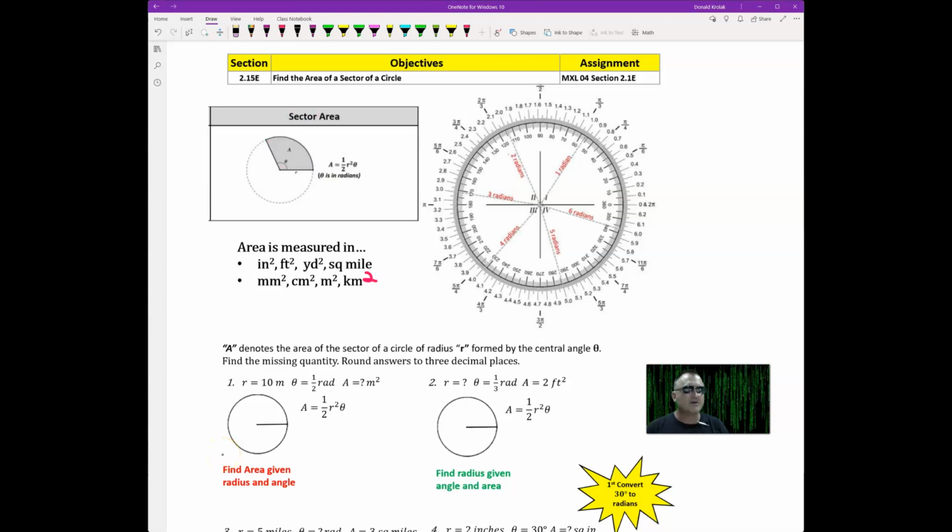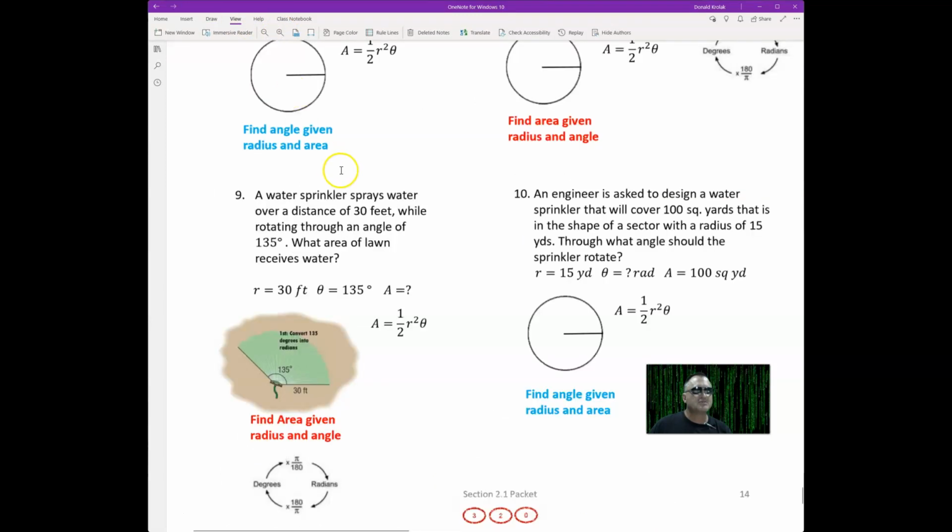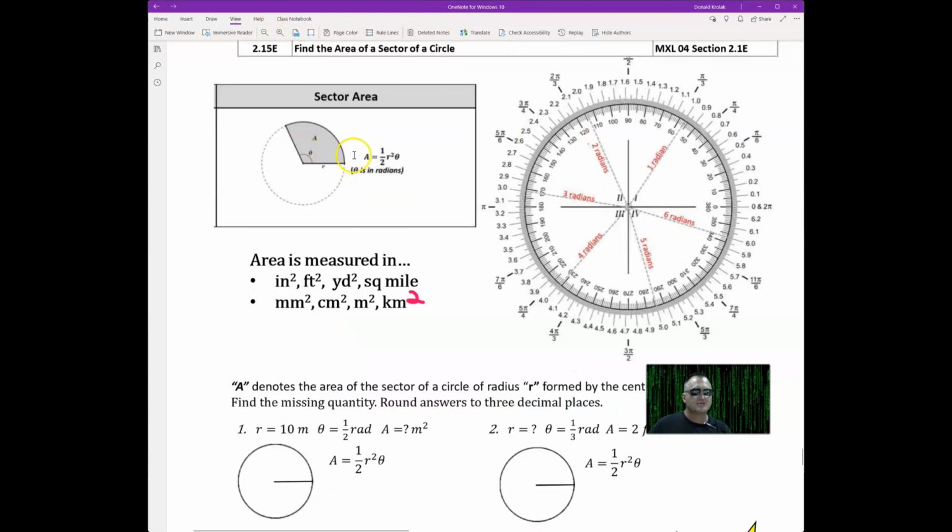To find the area of a sector, we use this formula. The area A is equal to 1/2 the radius squared times the angle, and the angle has to be expressed in radians.